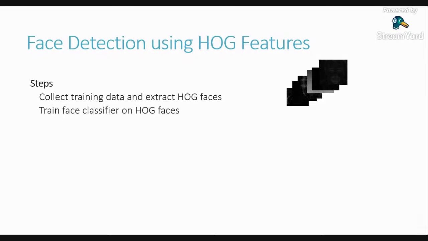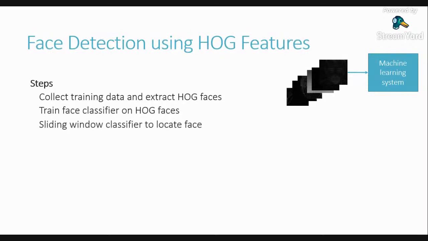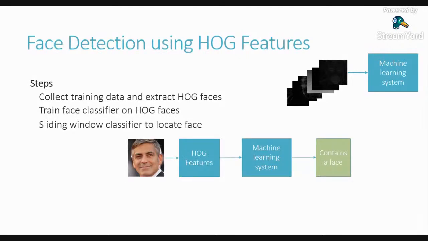In the second step, we train a face classifier on these HOG faces, so that means we are training a machine learning system. Then we will use our sliding window classifier to locate faces in the image. Let's say this is a window in the image: we first extract HOG features, then we use our machine learning system, and it says that it contains a face.